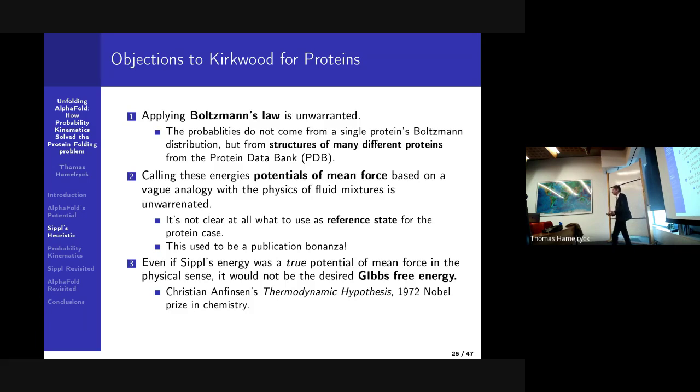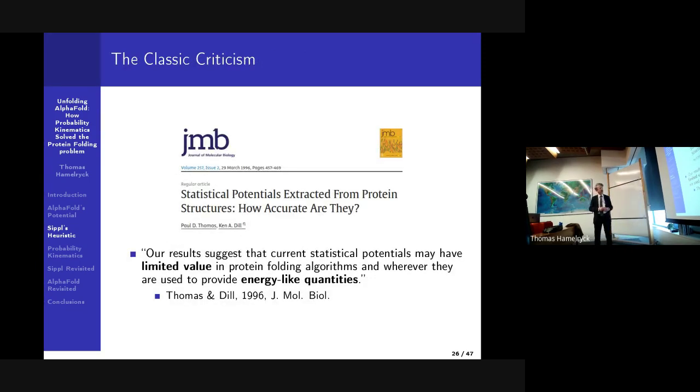We want to minimize the free energy. And even if this were a bona fide potential of mean force, that doesn't mean that minimizing a potential of mean force in this case would actually give you the minimum Gibbs free energy. So there are a couple of very good arguments to be somewhat mistrustful of the application of these types of heuristic potentials.